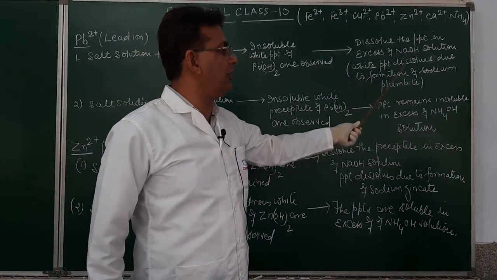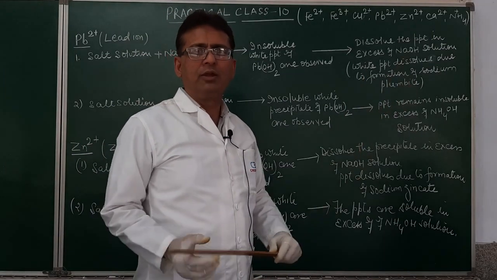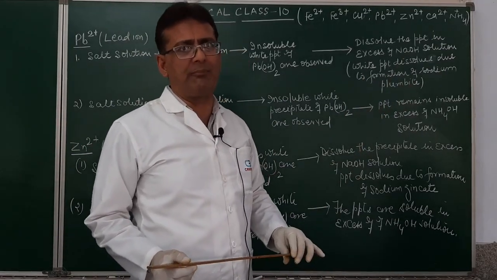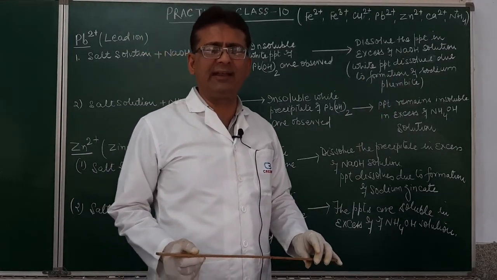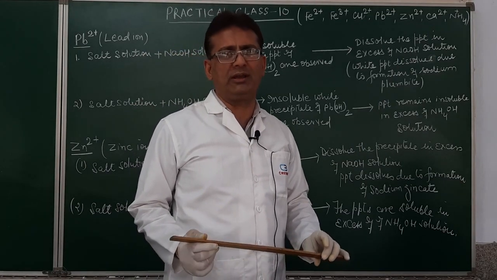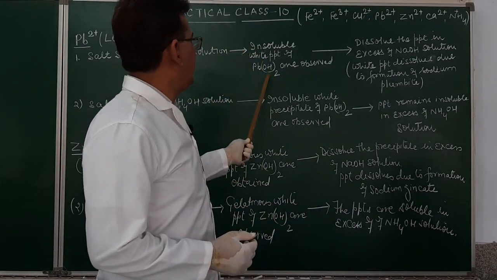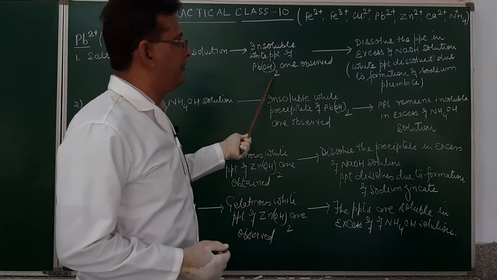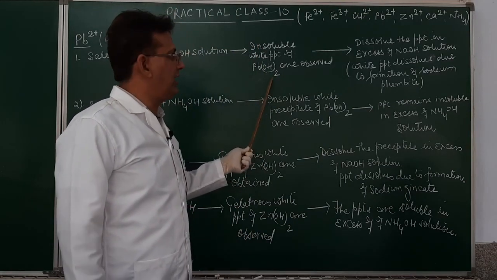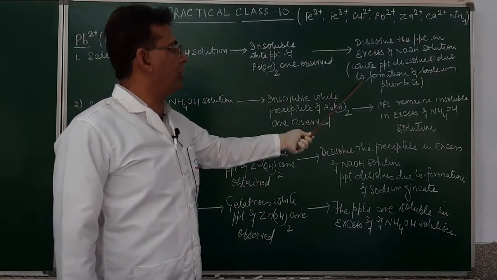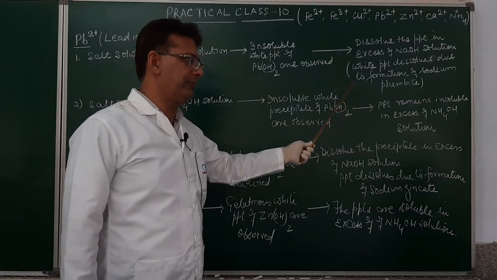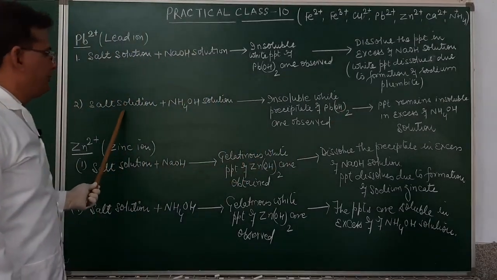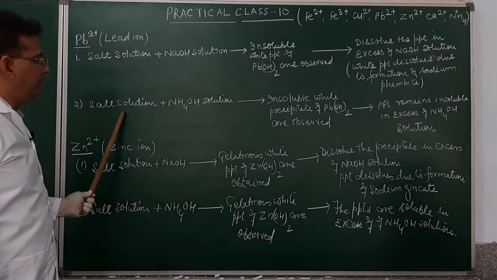The precipitate dissolves. Why? Due to the formation of sodium plumbite, as was discussed and told to you in the theory class. So lead ion in sodium hydroxide forms a white precipitate of lead hydroxide, which is soluble in excess of sodium hydroxide.